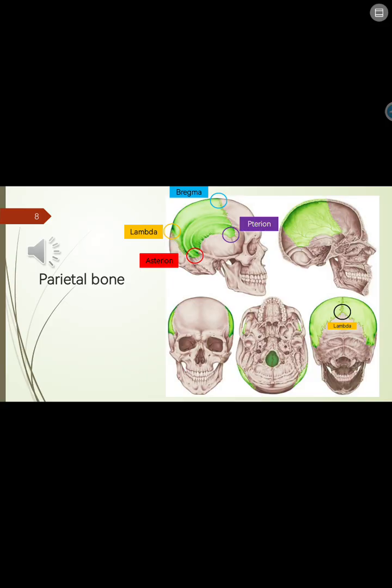Where is the bregma? Bregma is situated where sagittal and coronal sutures meet, and marks the site of anterior fontanelle in the neonatal skull.